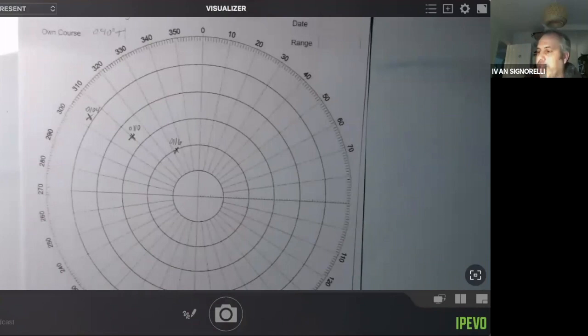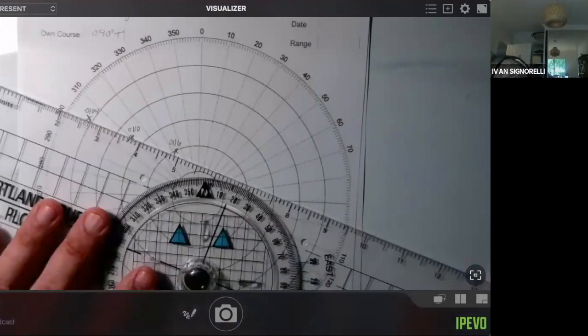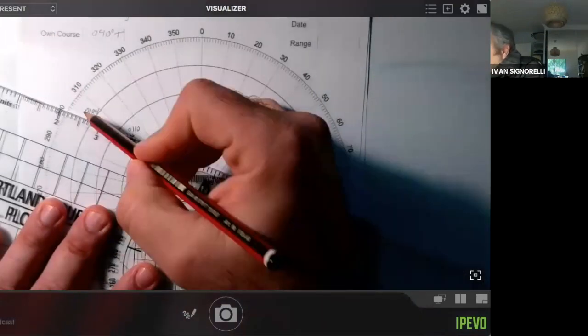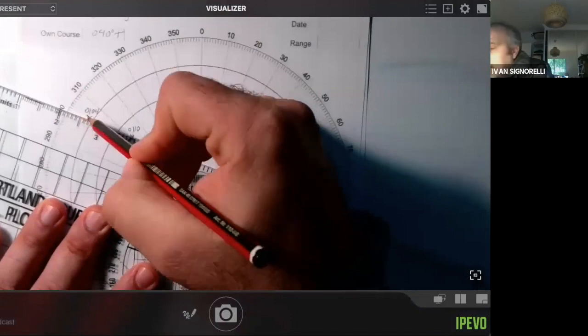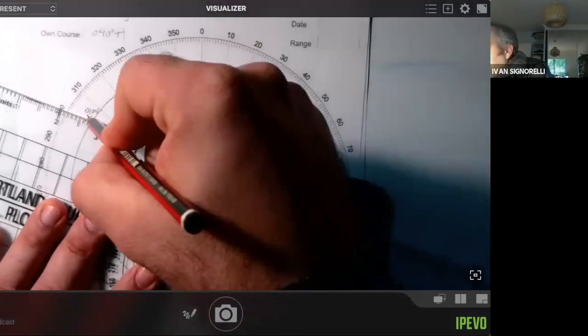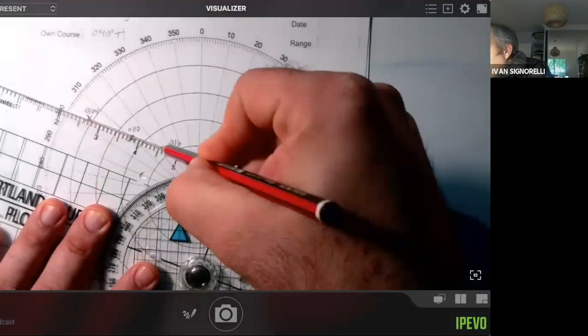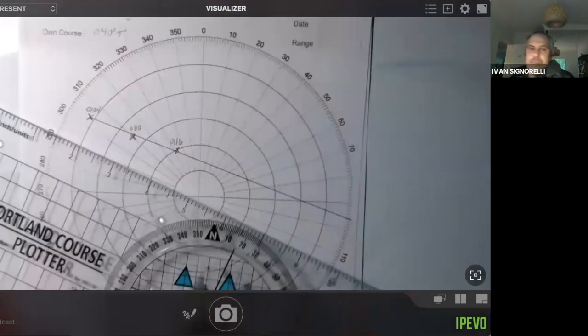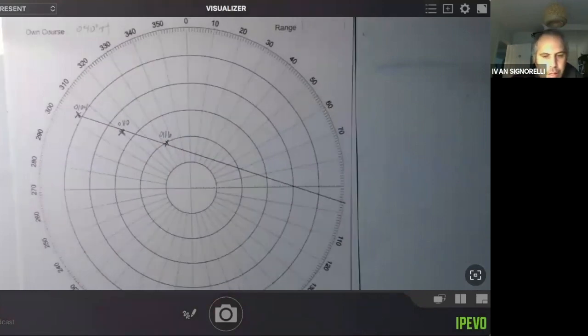The next step we're going to do here is take a ruler and draw a line connecting the 3 points. I'm going to start at the first and draw it all the way through to the end, like that. So the first thing we want to answer after drawing this is, is there a risk of collision?